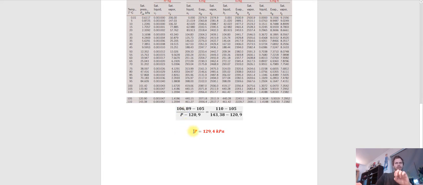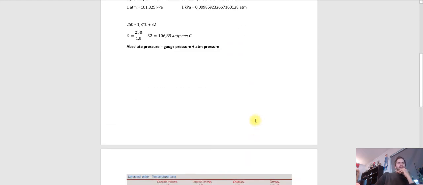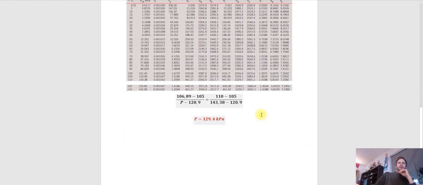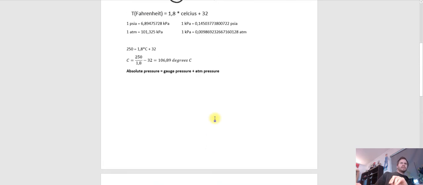It increased the pressure to 129.4 kilopascal, and thus the boiling temperature must be bigger. That's how it is. And that's why the cooking will be slightly faster, because the boiling temperature is, instead of 99.96 degrees, it is 106.89 degrees.